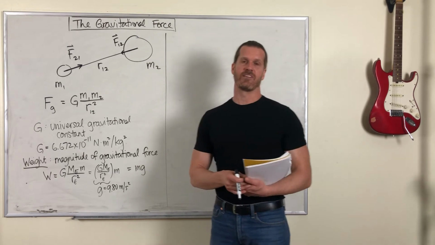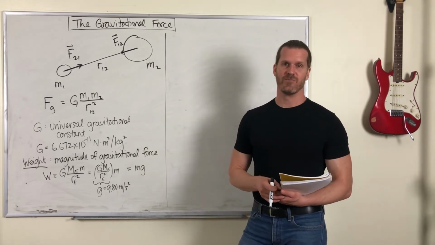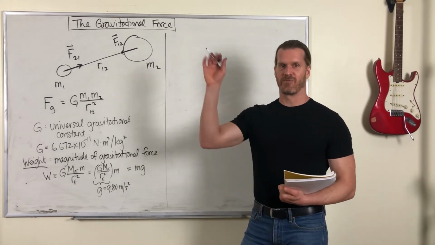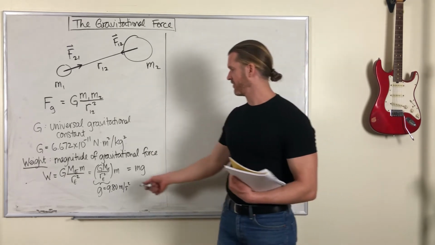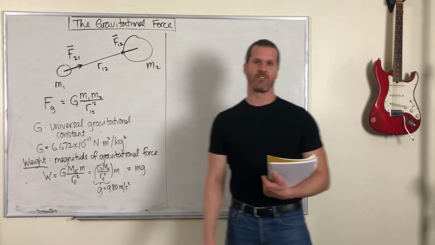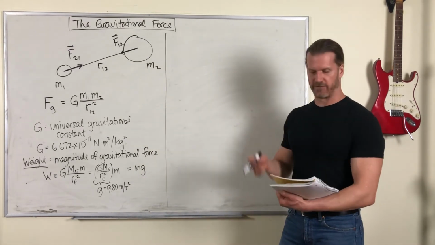So that's why when you see videos of astronauts on the moon, they're jumping around really high. Gravity is much weaker there. This gravitational acceleration is only 1/6 of what it is on Earth.